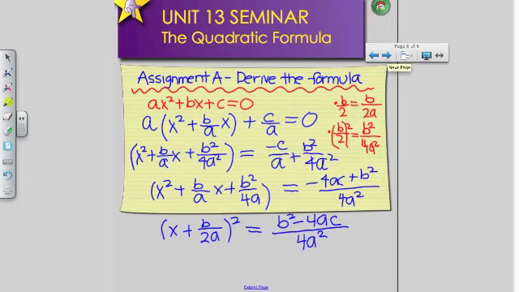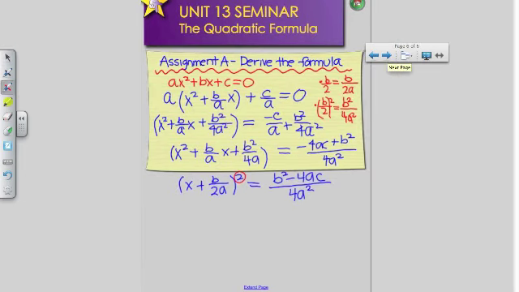And remember, the strategy I'm using is completing the square. So because I have a square here, I want to get rid of that. So I'm going to square root the entire right-hand side. So that my left-hand side is going to be x plus b over 2a is equal to plus or minus the square root of b squared minus 4ac and the square root of 4a squared.